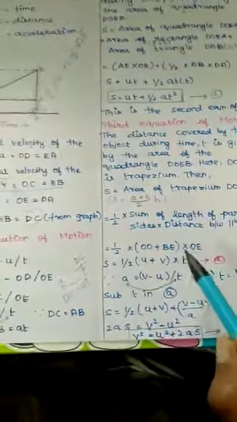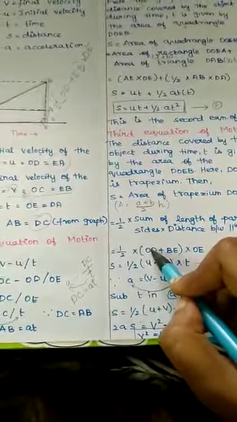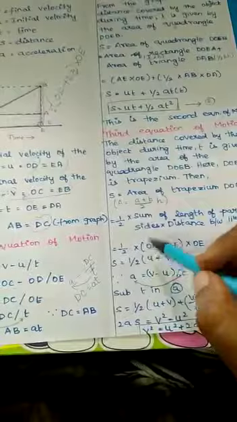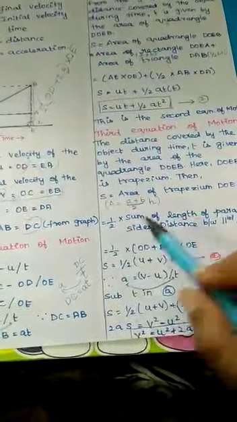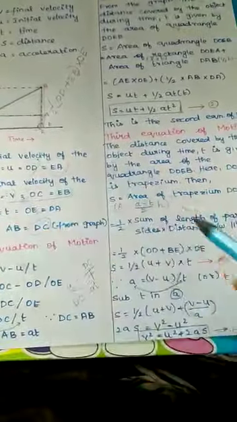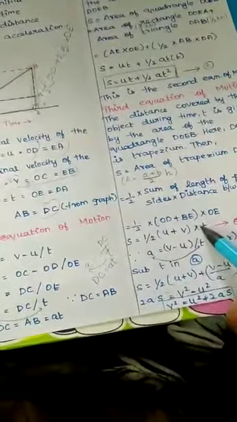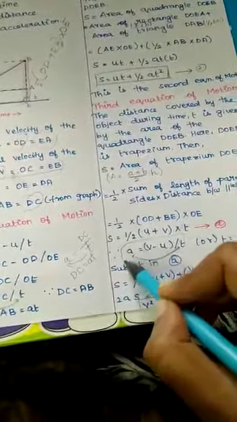Now substitute the values. Half will come as it is. OD is the initial velocity, so U. BE we are having here, it is V, into OE, which is T. Now we need to find out the value of T. For that we have to bring in the acceleration formula again.